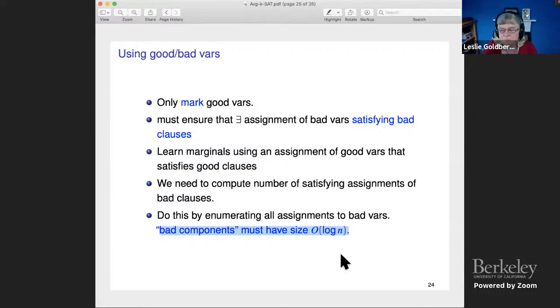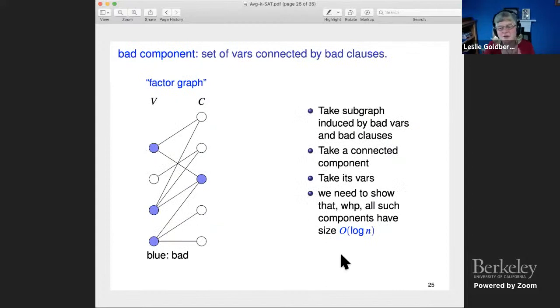Okay, so I can see I've only got a minute and a half, so I want to say a little bit more about that. What do I mean by this factor graph? Well, if you look at the formula and you look at the variables and the clauses, there's an edge from a variable to a clause if the variable is in that clause. I've colored the bad ones blue, and what I just want is that if you look at a component in this factor graph and you look at its variables, what we need to prove is that with high probability, these are only log n.